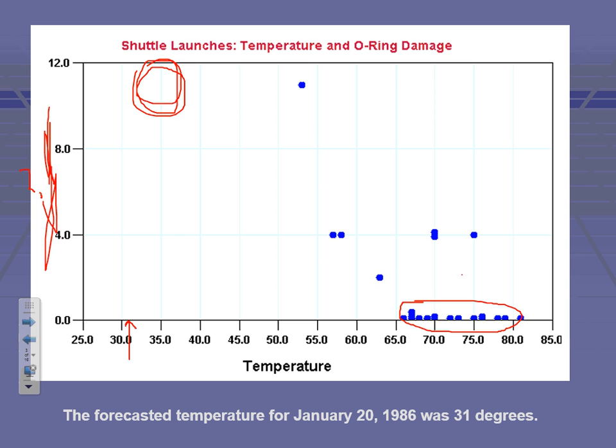They went ahead and launched anyway, assuming that this was a linear relationship. And then we obviously know what happened in the end. If they had done a little bit more research and been a little bit more thorough with what they were seeing, this actually ended up being more of an exponential model than a linear model, but a little bit too late when all was said and done.